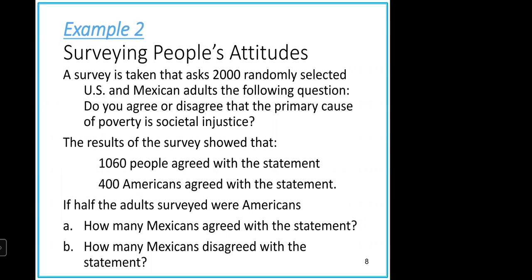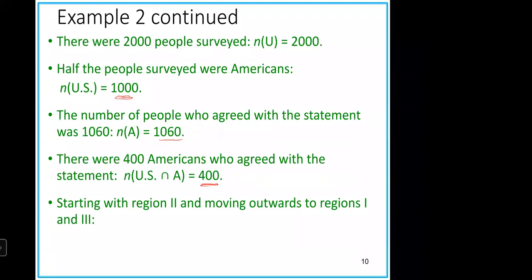Okay, so you have to look at the question and see, because we're trying to do it as a Venn diagram and we're looking for overlap, what is in the overlap or in the intersection. And that's how we determine how we're going to set up our Venn diagrams and label them accordingly.